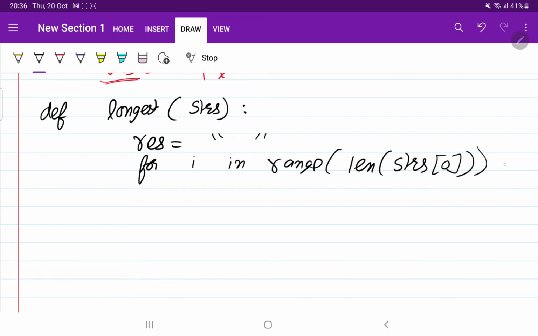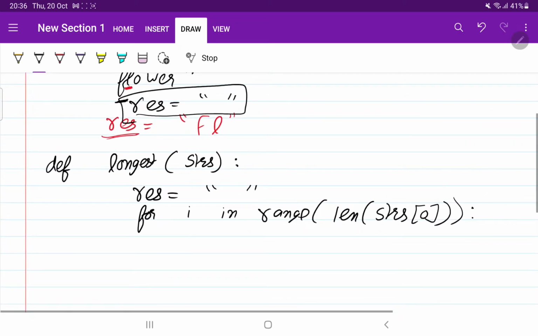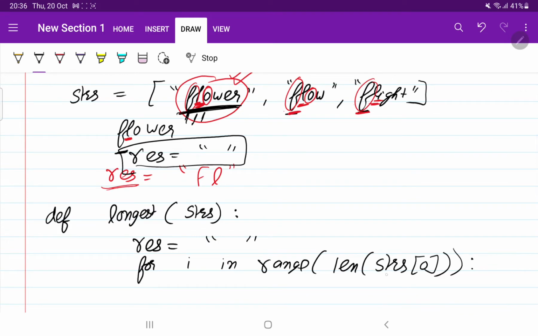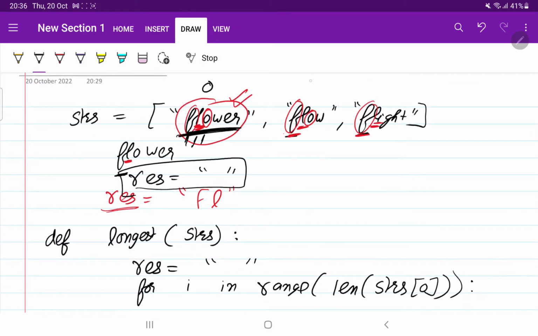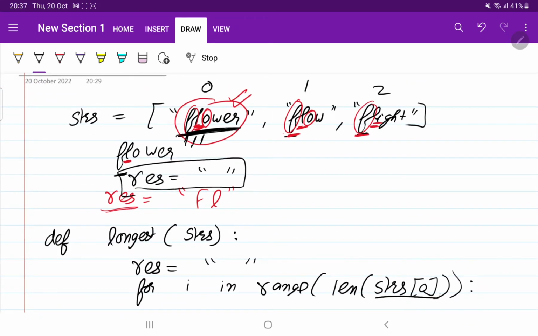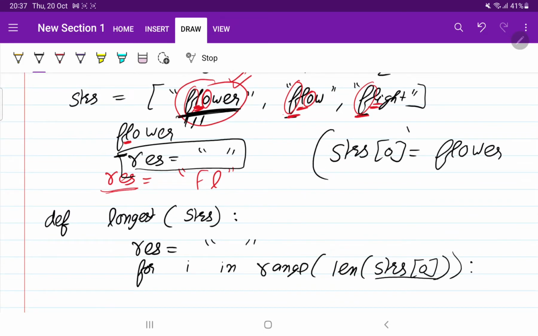So I will tell you what I have done. strs of 0 means this is the 0th index, this is first, this is second. strs of 0 means we are picking the first word, and if you find its length, what is the length? 1 2 3 4 5 6. So you are going to get the value 6.